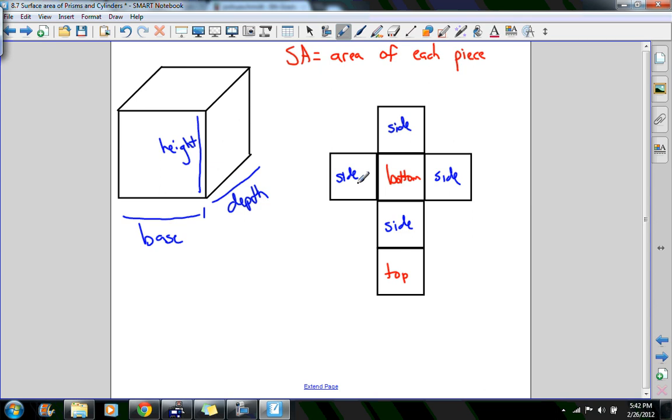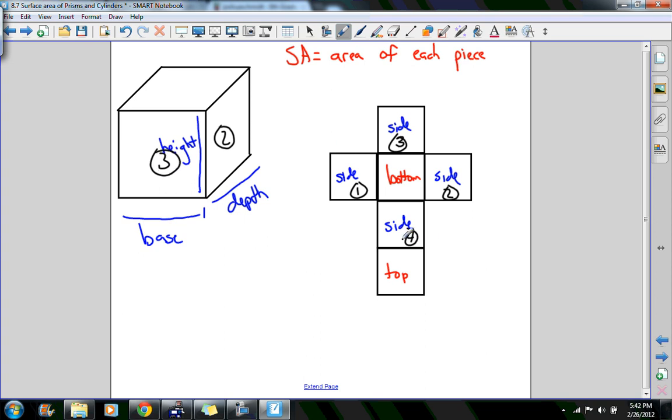If this was 1, on that side it'd be 1. If this was 2, 2 would be right there. And then this here would be a 3, and this would be the 4. So this would be the front here, and that would be the back.